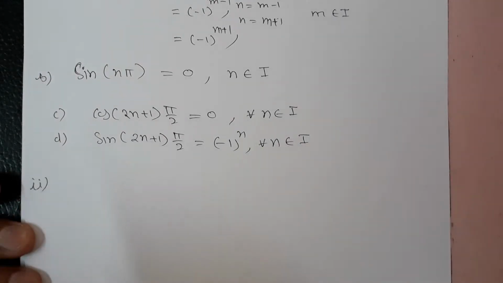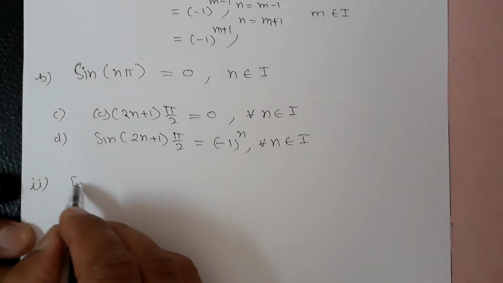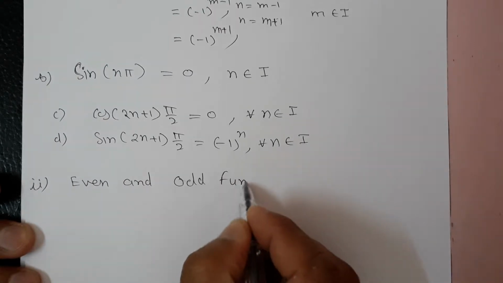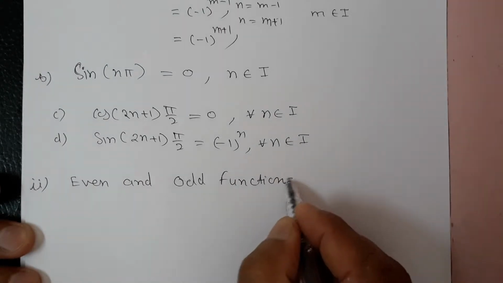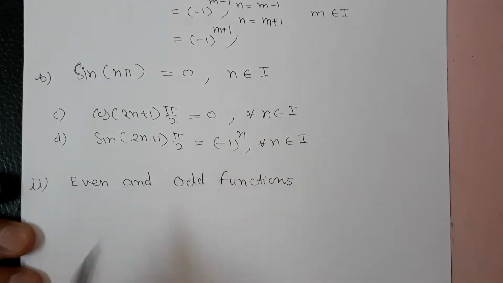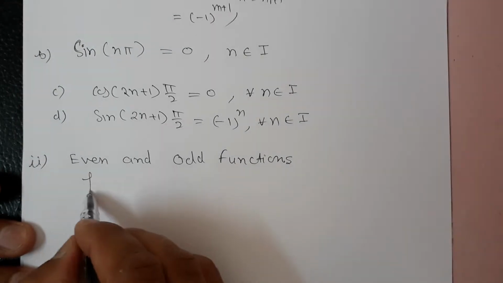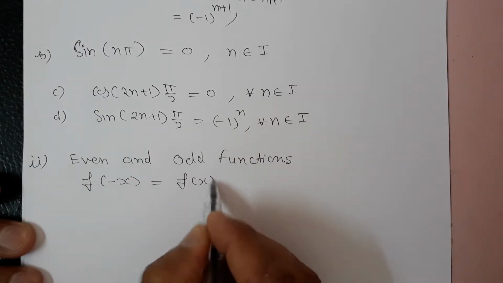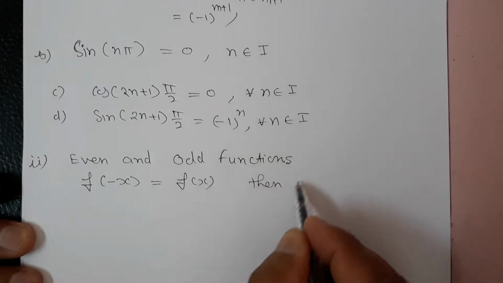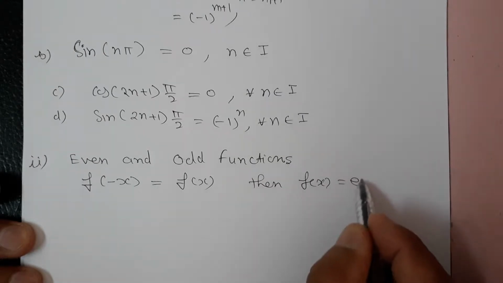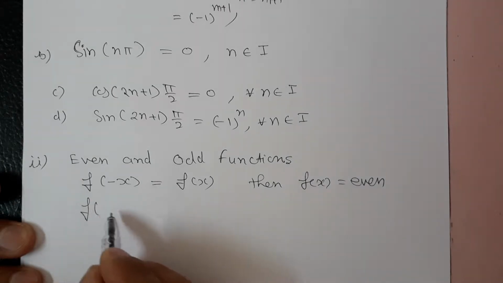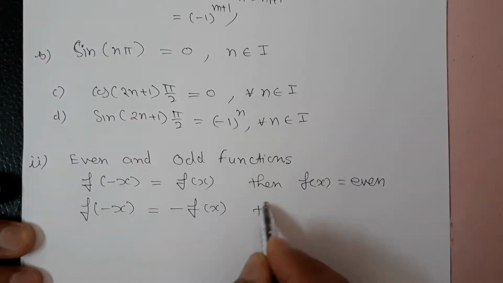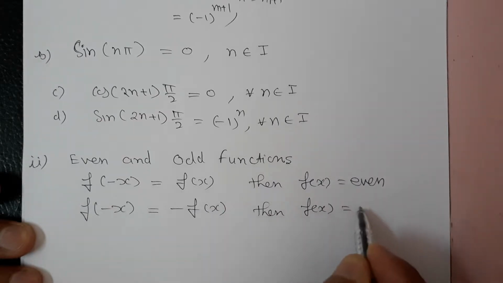Formula number 2, that is even and odd functions. It's very important to check whether the function is even or odd. The definition is, if f at minus x equals f(x), then f(x) is even. If f at minus x equals minus of f(x), then f(x) is odd.